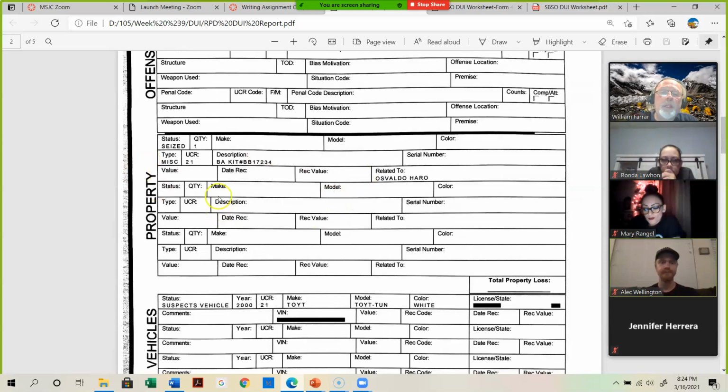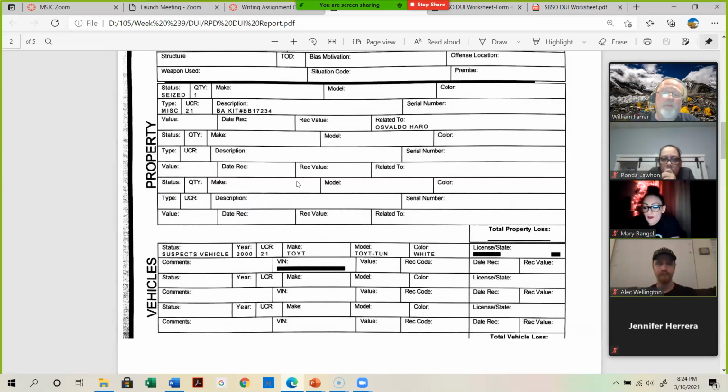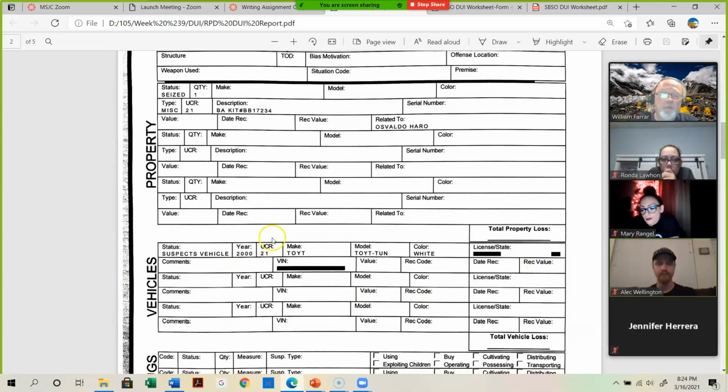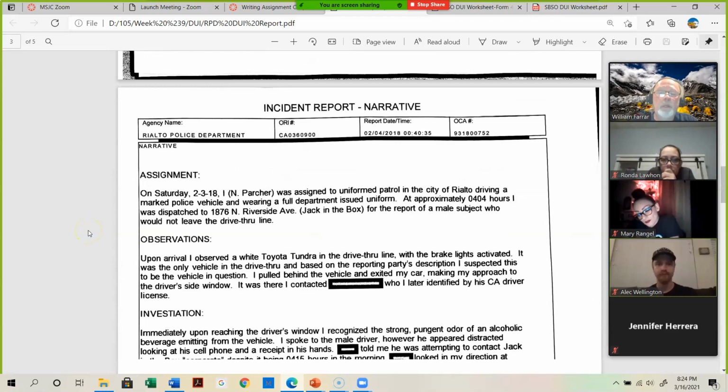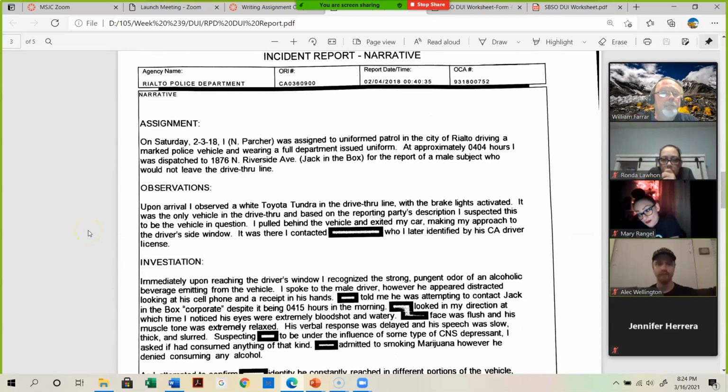The property here that the officer booked is they took a blood test to determine their level of alcohol. So they booked this blood test kit. So that would be the evidence. The vehicle, this is the car that the person was driving. So, and then your narrative. Pretty similar to what you've already been doing.